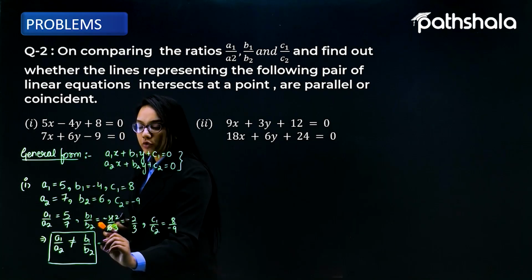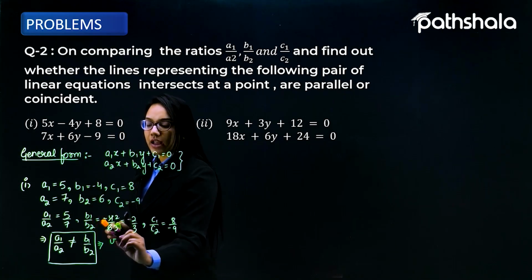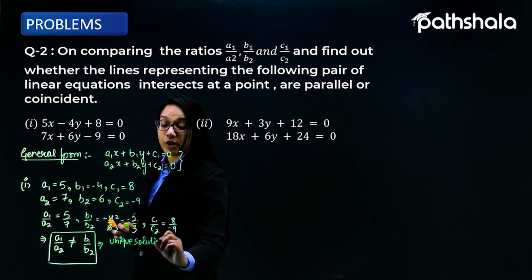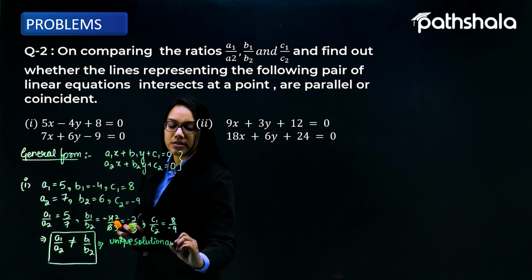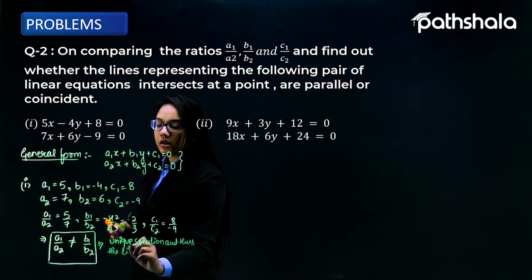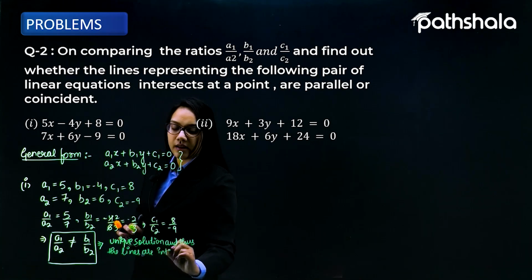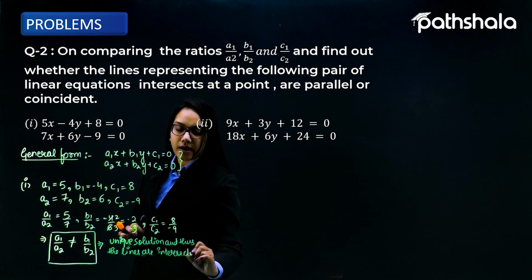So I'm writing the solution here: it implies that we have a unique solution, or one and only one solution, and thus the lines are intersecting at a point.